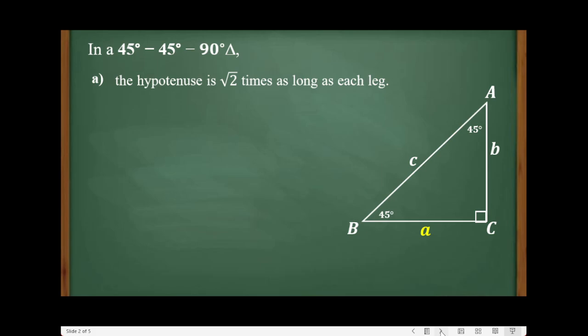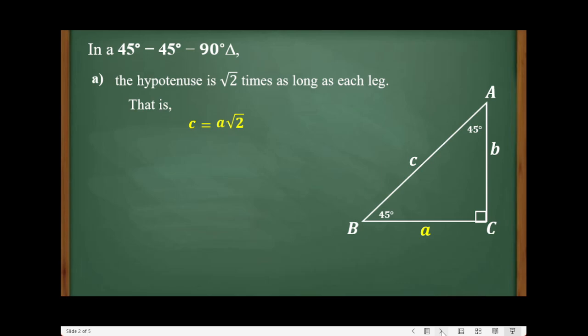The hypotenuse, in this special right triangle, the hypotenuse is square root of 2 times as long as each leg. Mathematically speaking, that is C for the hypotenuse equals A times the square root of 2.